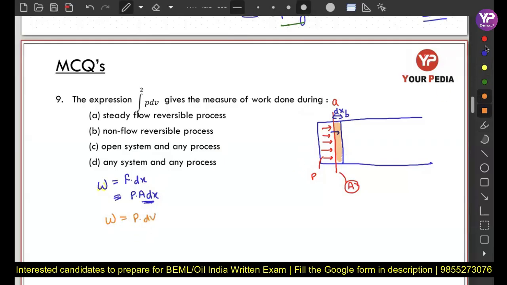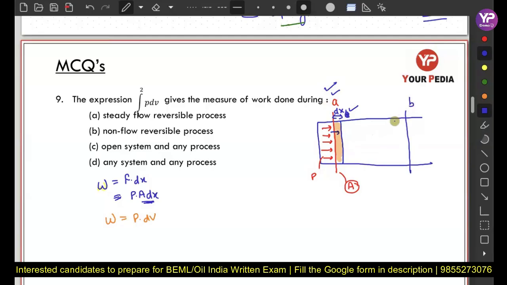Now see what I have taken. I have taken an assumption that from A to B the piston has moved very slowly, and the distance covered is very small here. Now let us say the piston is moving from initial position A to final position, let us say B here.